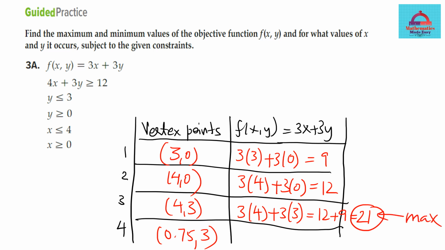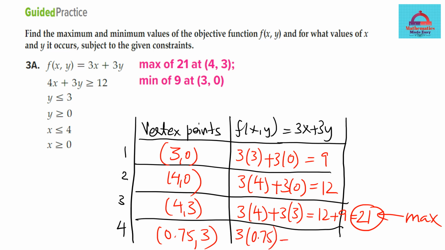Let's do the last one also. So 3 times 0.75 plus 3 times 3. So this is going to be, let's do the calculation, and I hope you know that I'm using substitution while I do this calculation. So you can do it on your calculator just to save time. That will be 11.25.